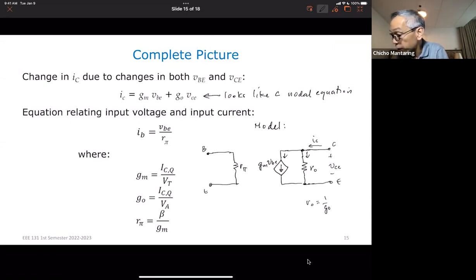This is also my emitter, and therefore these two must be connected this way, which makes sense. That's why you call it a common emitter, because the emitter is common to both the input and the output. And this is now going to be VBE. And so I sub B is simply VBE divided by R pi.